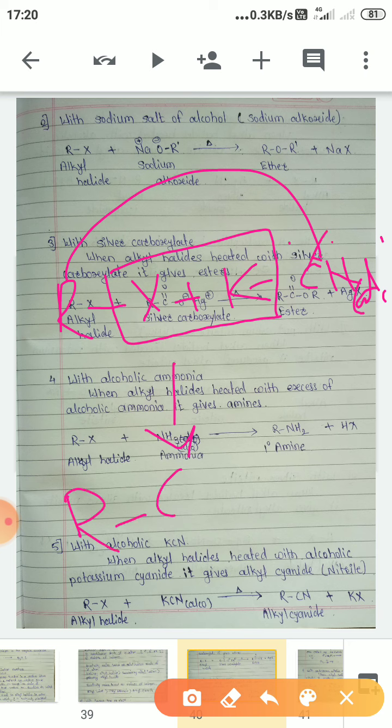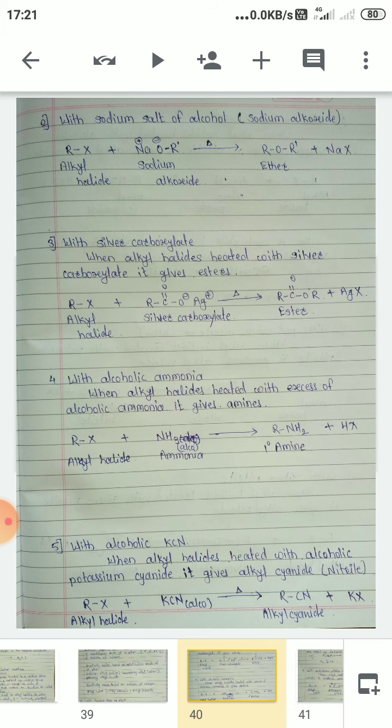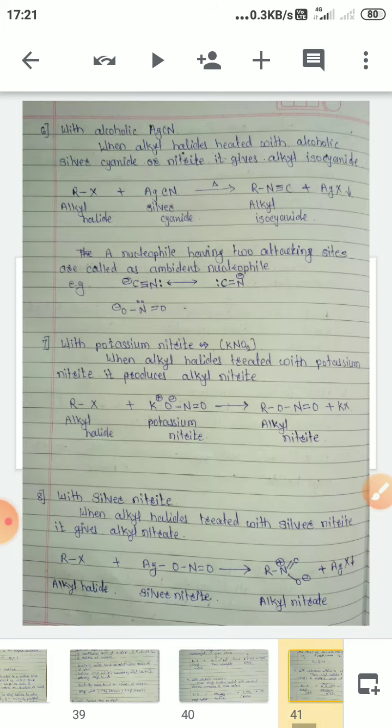We get R C triple bond N plus KX, and this is the product of the reaction, alkyl cyanide or alkyl nitrile. You can write both names.